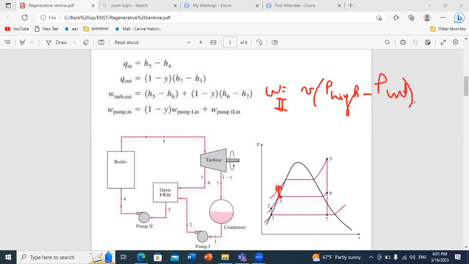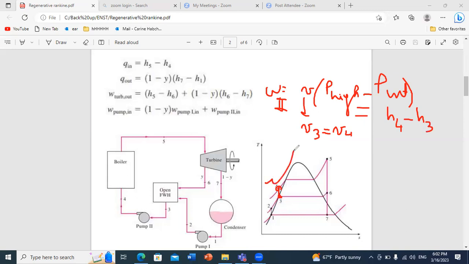We said that we can take the assumption that v equals v3 equals v4. Once we get the value of W2, what can we calculate? The missing h, which is h4. We can say that W2 is equal to h4 minus h3. So now we determine state 4.